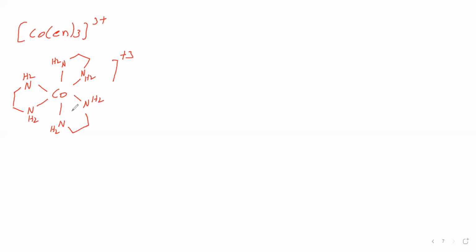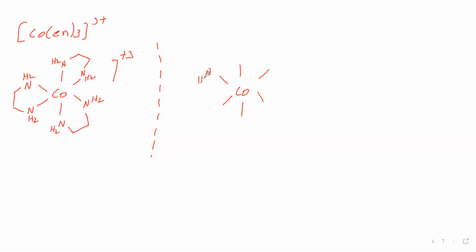So mirror images should be non-superimposable. Now for this we will take the mirror image. It is the mirror plane. Now cobalt I have written. Now I will write 6 bonds. How it will be: like this.